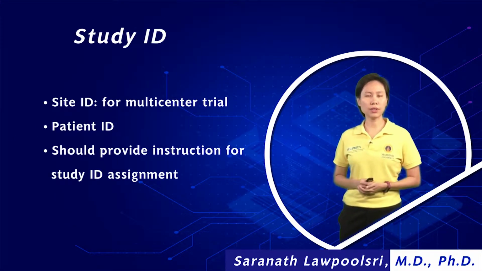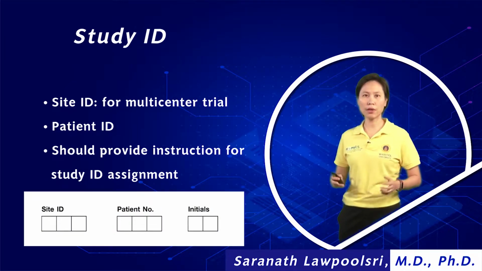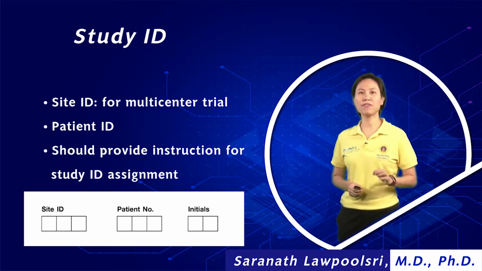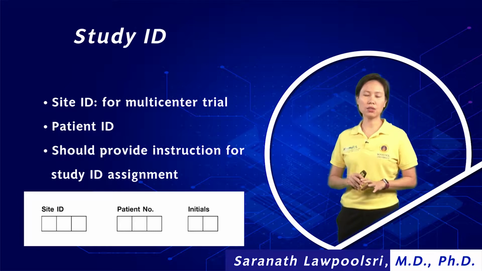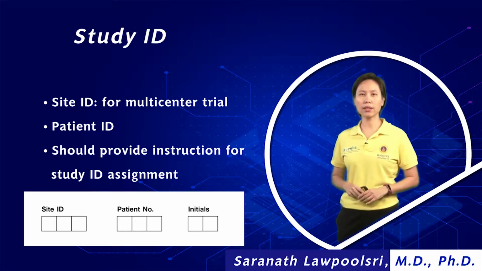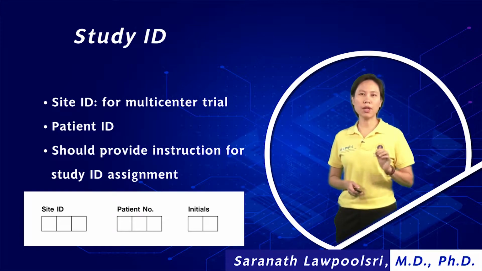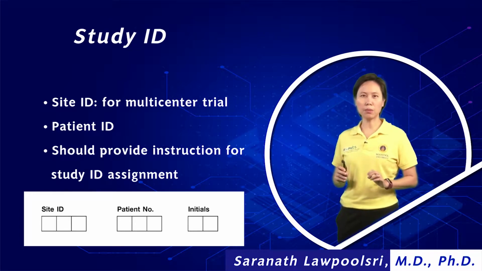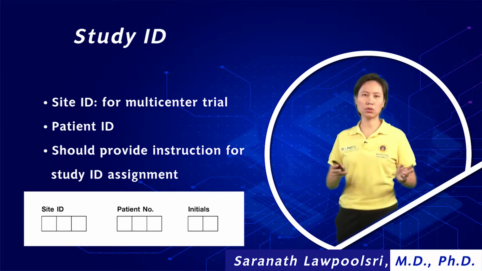So when you have a study ID, this is the first step for CRF design, because every CRF has to have a study ID. If your study has multiple sites collecting the data, the study ID should have some systematic format that you have to specify.